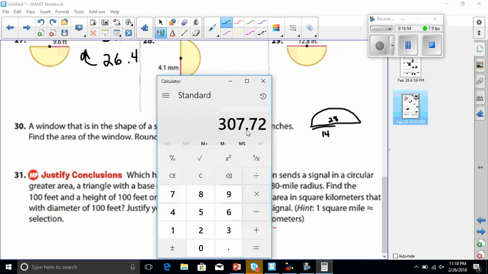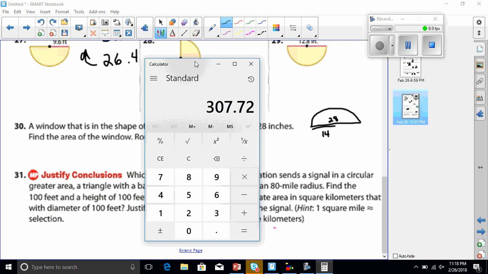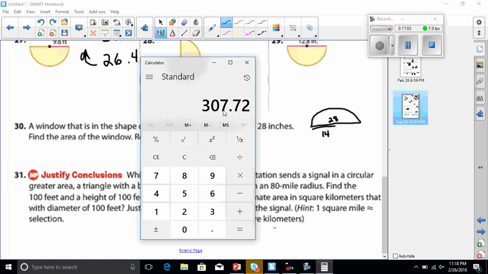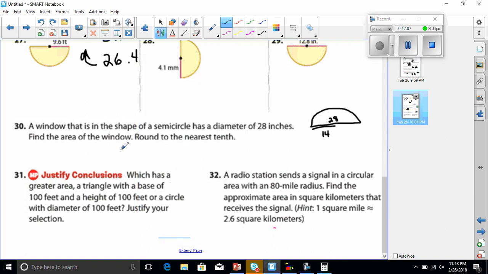That's going to give us 307.72. And since we're rounding everything to the nearest tenth, that'll be 307.7. So the answer to number 30 is 307.7. All right, number 32 is the last one.